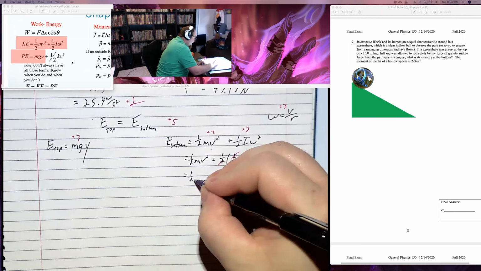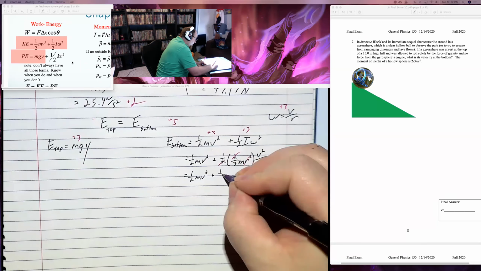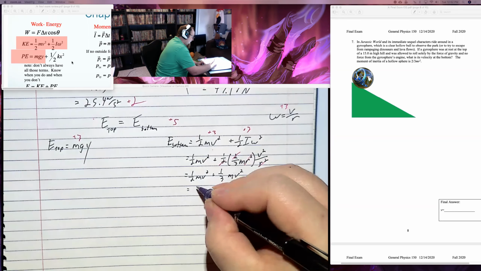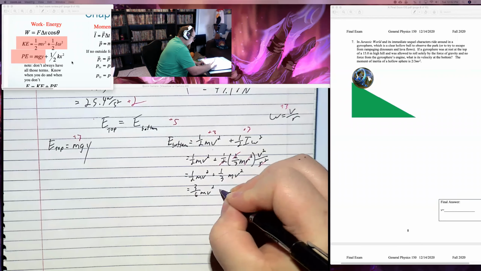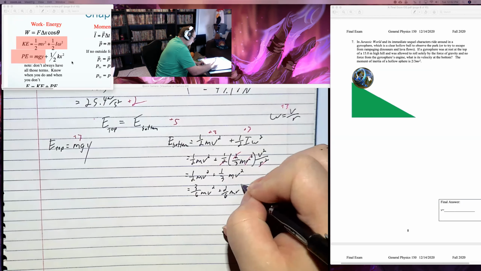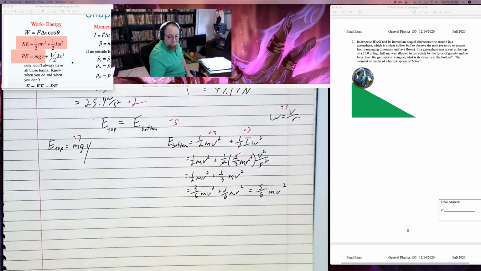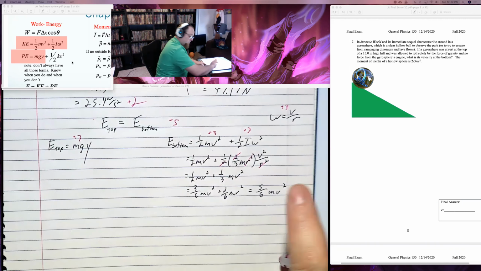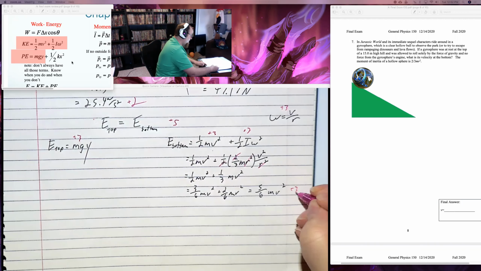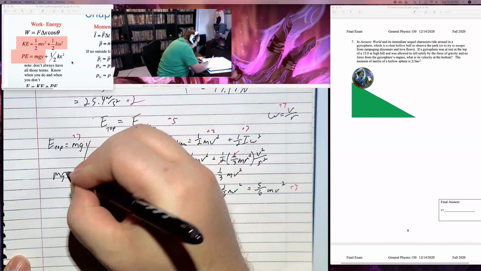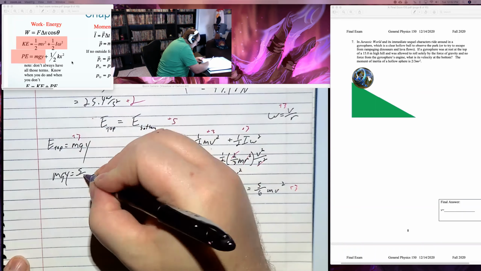And you get 1/2 mv squared plus 1/3 mv squared, which is 3/6 mv squared plus 2/6 mv squared, or 5/6 mv squared. And if E top equals E bottom, that means E top equals E bottom.